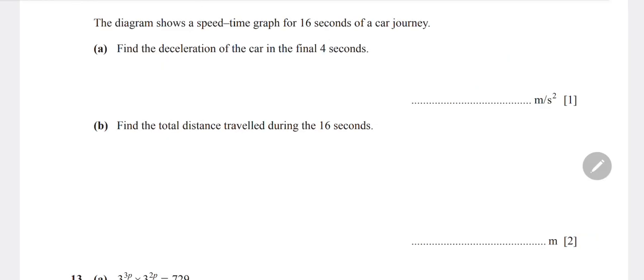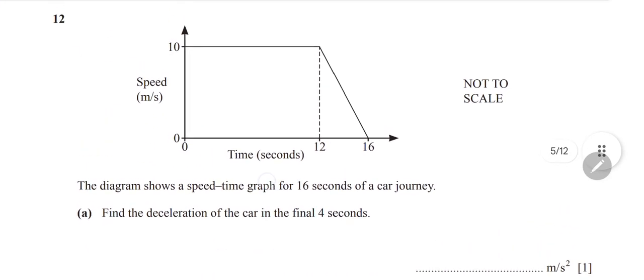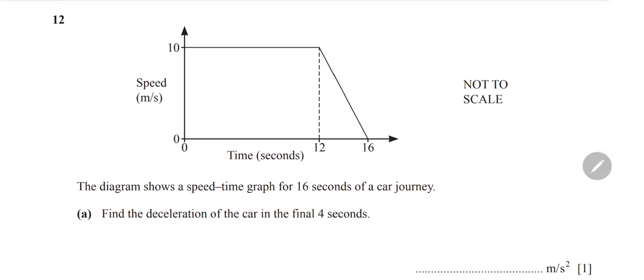Find the total distance traveled during the 16 seconds. If we look at the diagram, it has one rectangle and one triangle. The area of the rectangle is 10 multiplied by 12, length times breadth. For the area of the triangle we use half base times height.